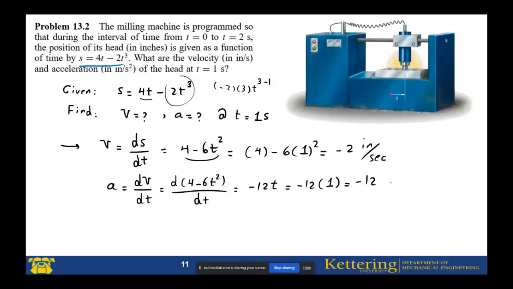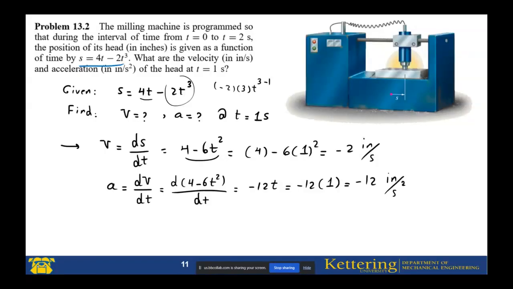It is minus 12 inch per second squared. Any questions?